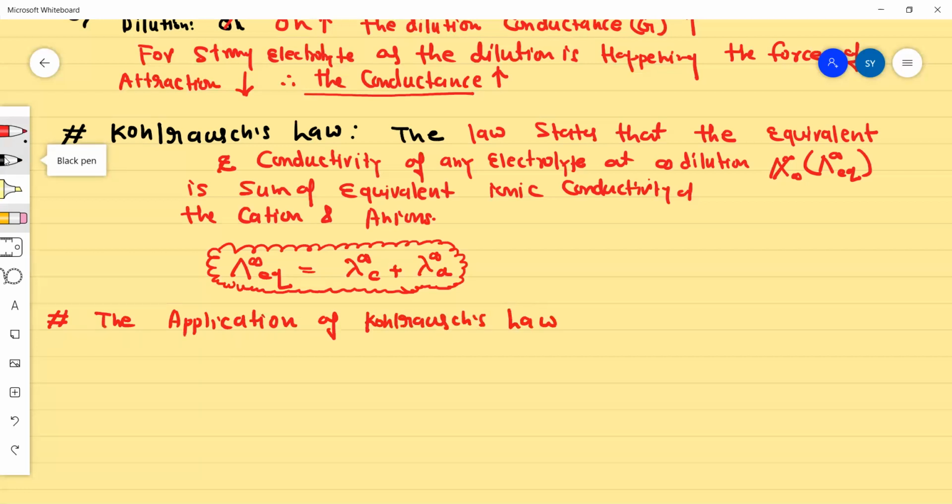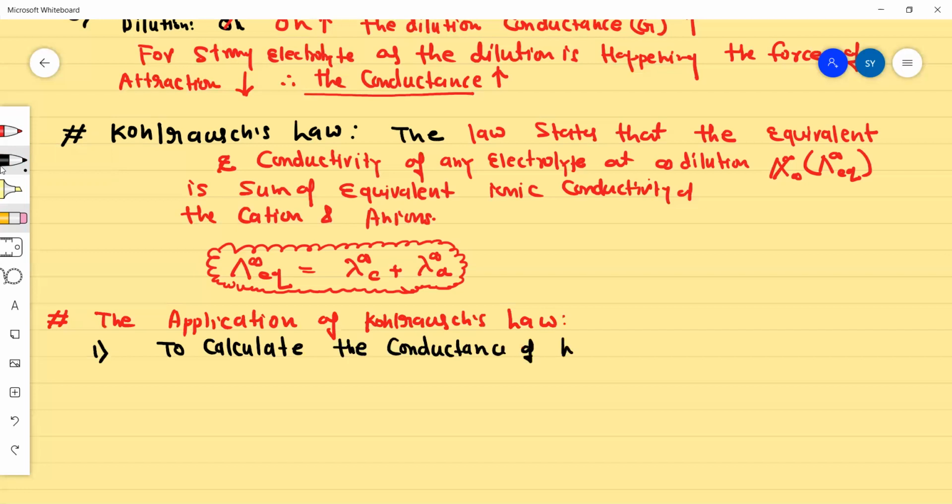Now see, it is used to calculate the conductance of weak electrolyte. This is the first application, to calculate the conductance of weak electrolyte.